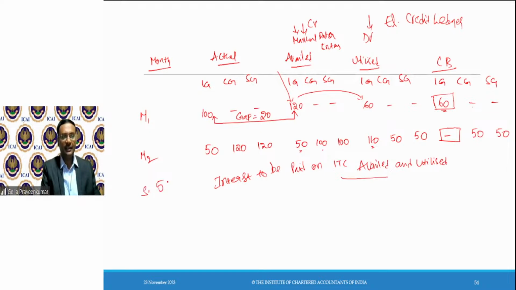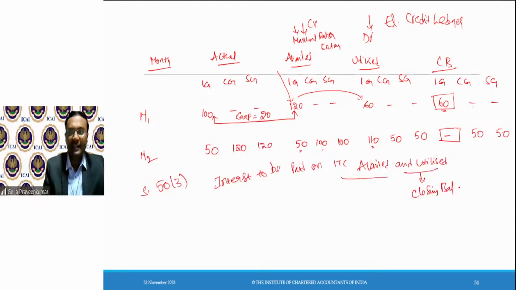Section 50, subsection 3 clearly says that when you want to calculate this availed and utilized, check the closing balance. If closing balance is higher than the wrong availment, it is not utilized.